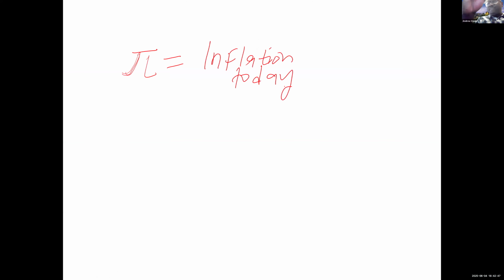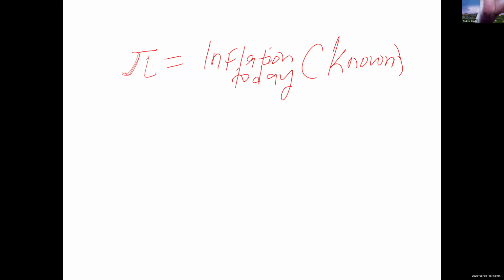There's a difference, because if we say pi, inflation, this pi here stands for inflation today or inflation yesterday, past inflation. So this inflation is known by the public. The market knows it. Everybody knows it. But inflation next year, or 2 years from now, or 3 years from now, is not known. We just predict it.